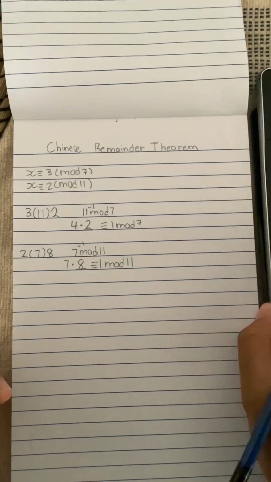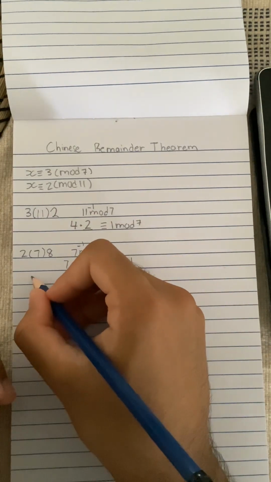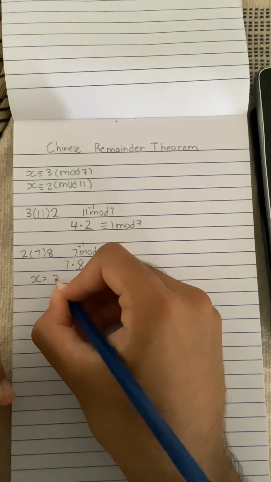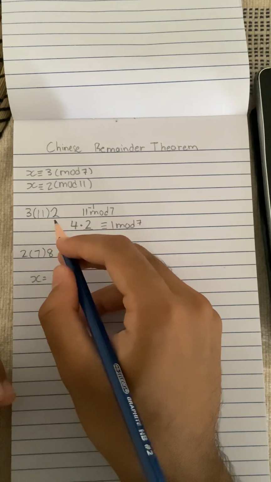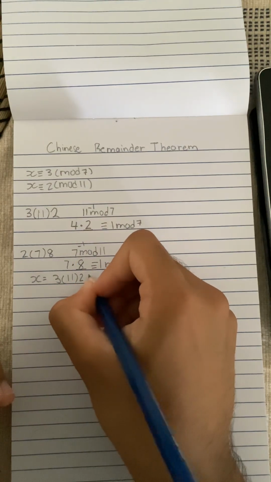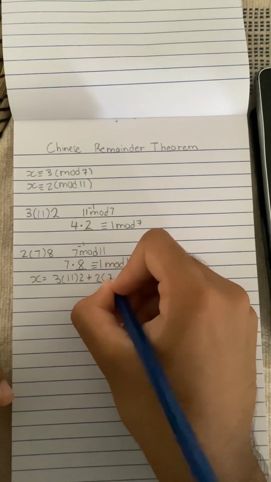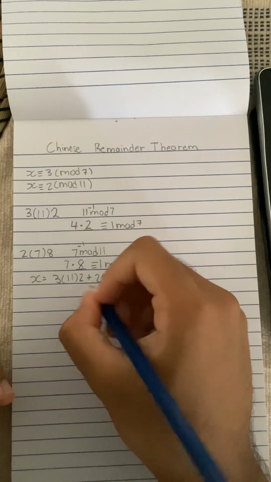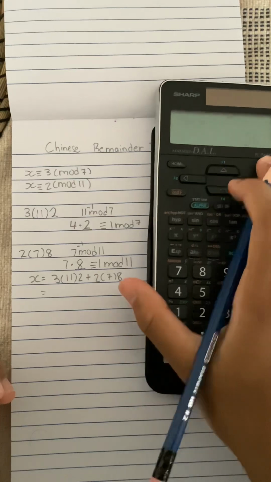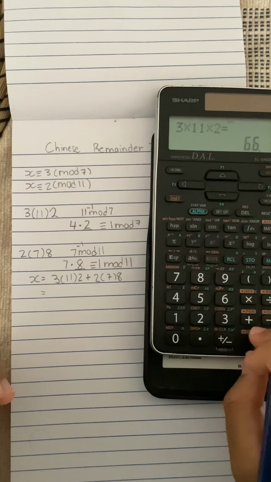Once you've got those two down, you group them all together to find the x value. You take 3 times 11 times 2, plus 2 times 7 times 8, and now we can multiply those together. 3 times 11 times 2 gives you 66.